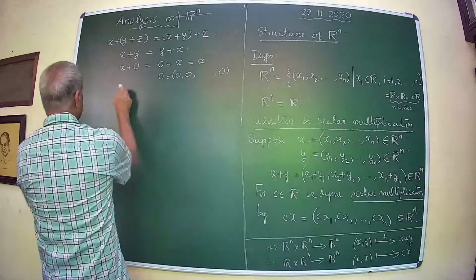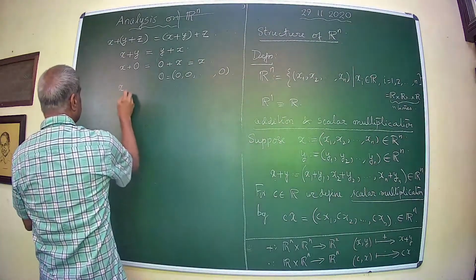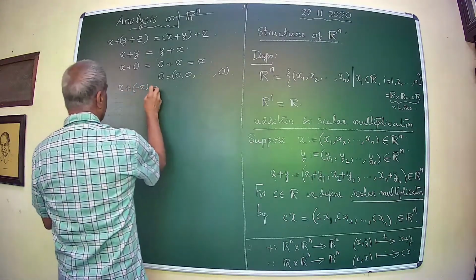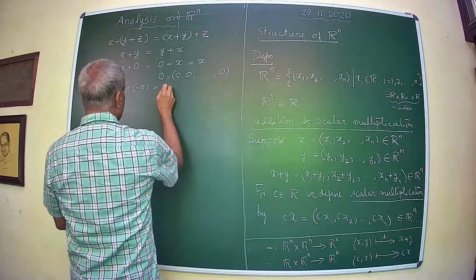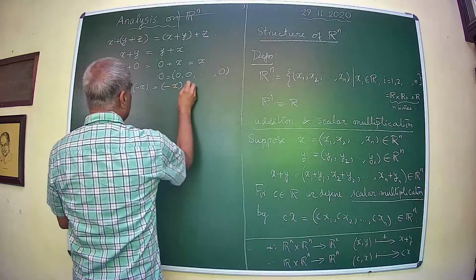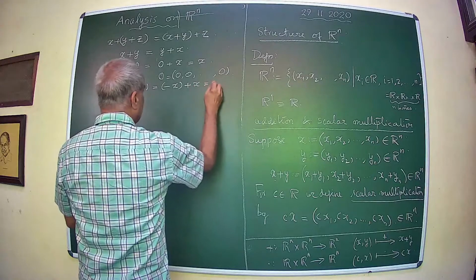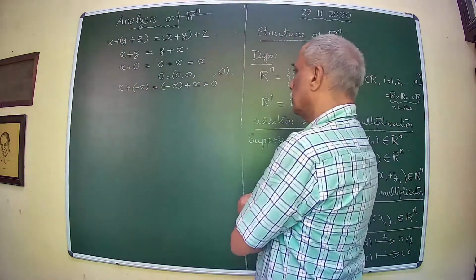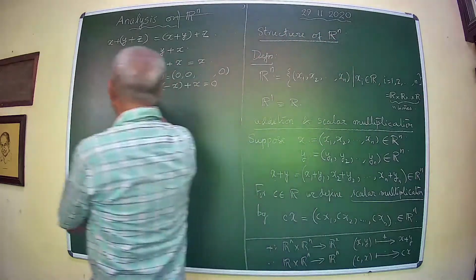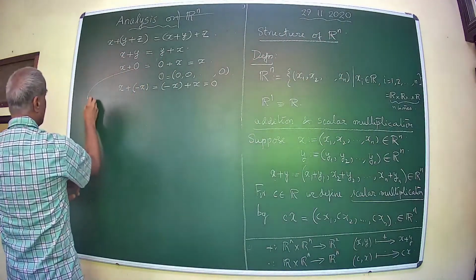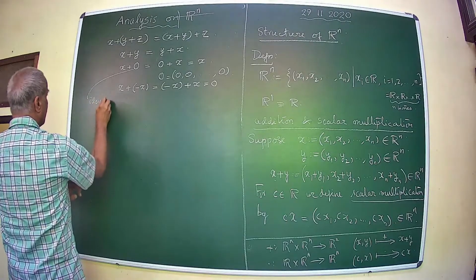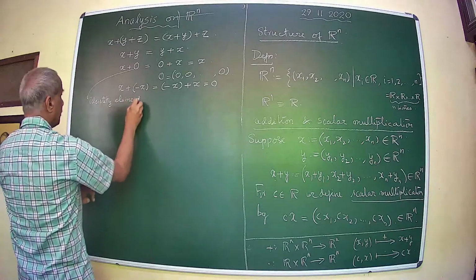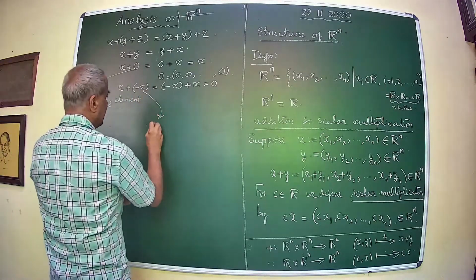Then for each vector x, there exists a vector minus x such that x plus minus x equals 0. So this is what is called the identity element, and this is called the inverse element.